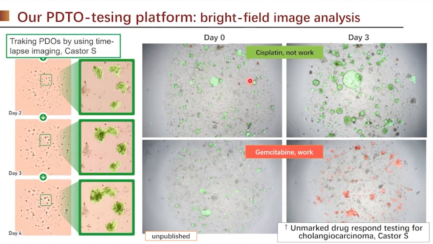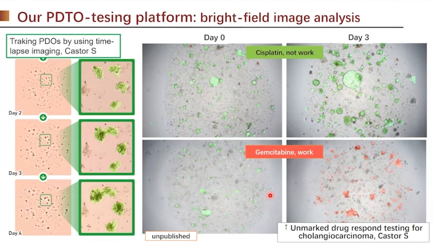The AI marked organoid survival by pseudo color after exposure to cisplatin for 3 days. With cisplatin, the organoids not only survive, indicated by green pseudo color, but even grow significantly. This suggests the organoid is resistant to cisplatin.